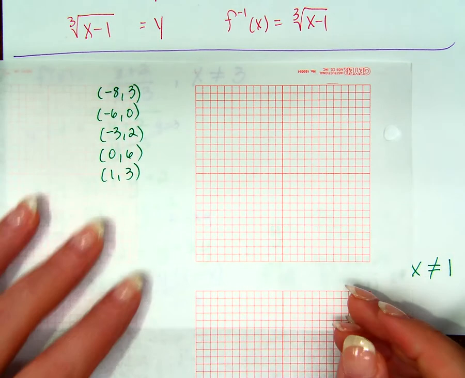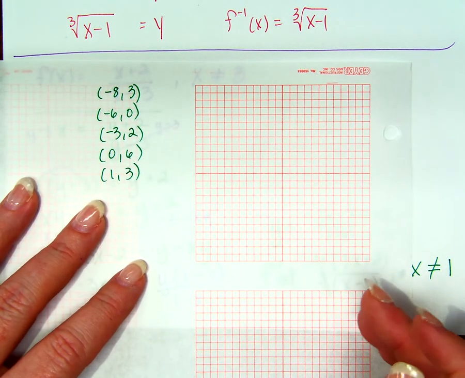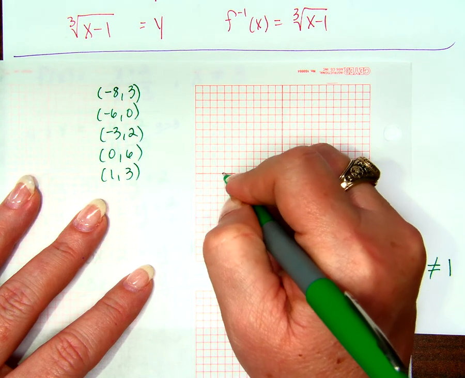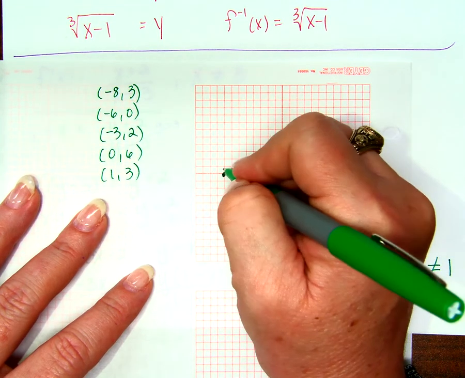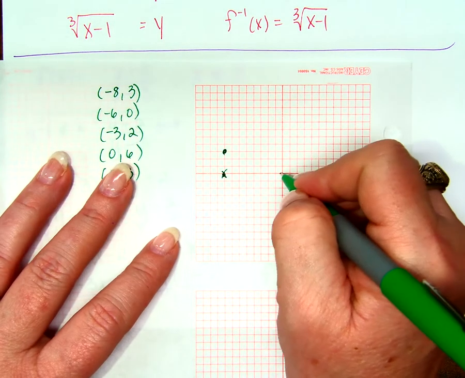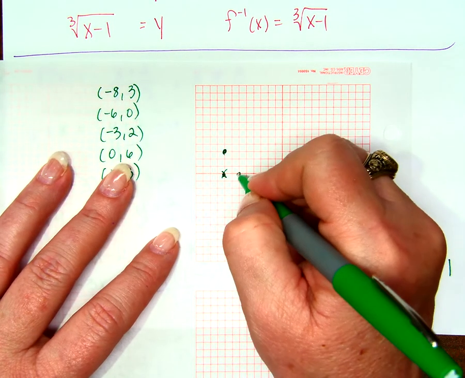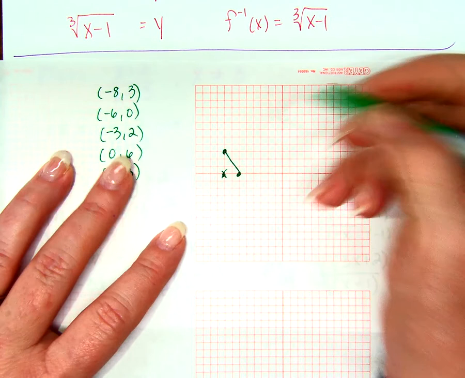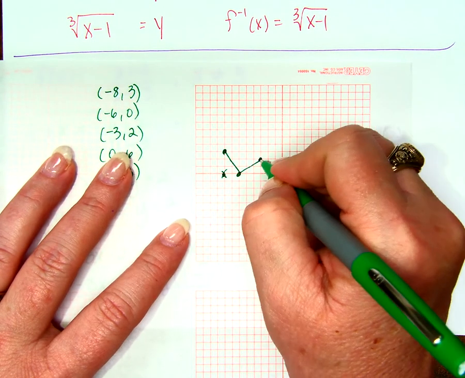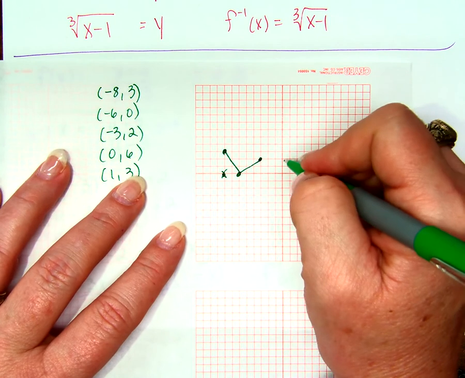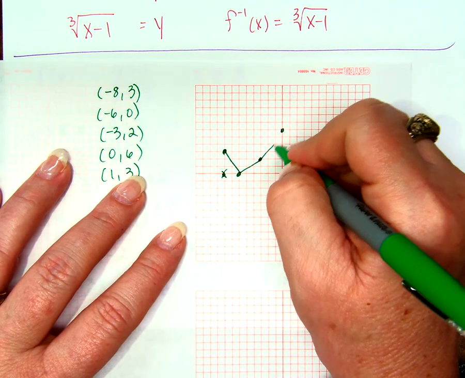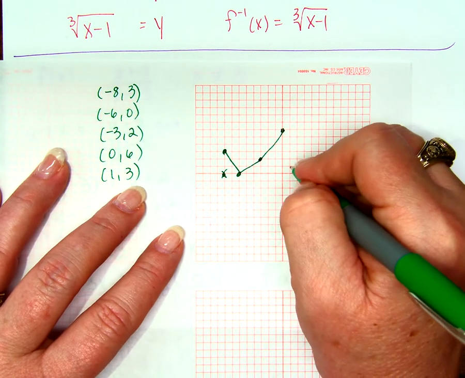Those are the points on this function. Ignore that dot. That's a wrong dot.